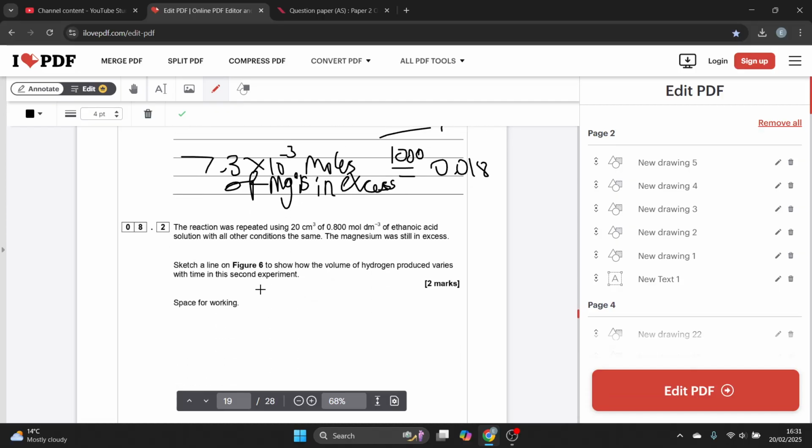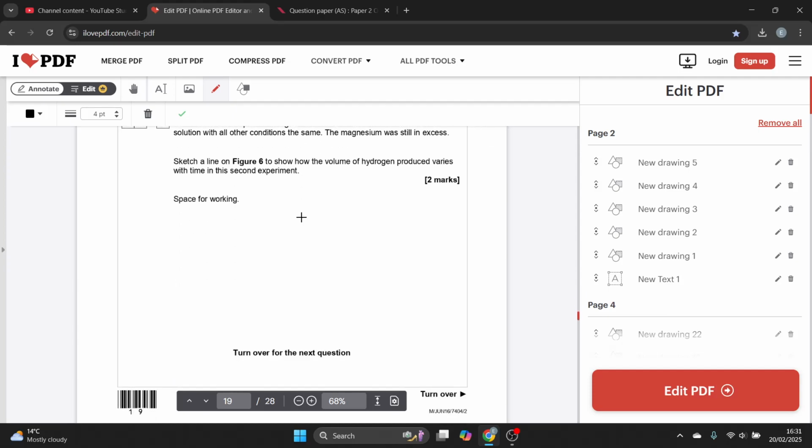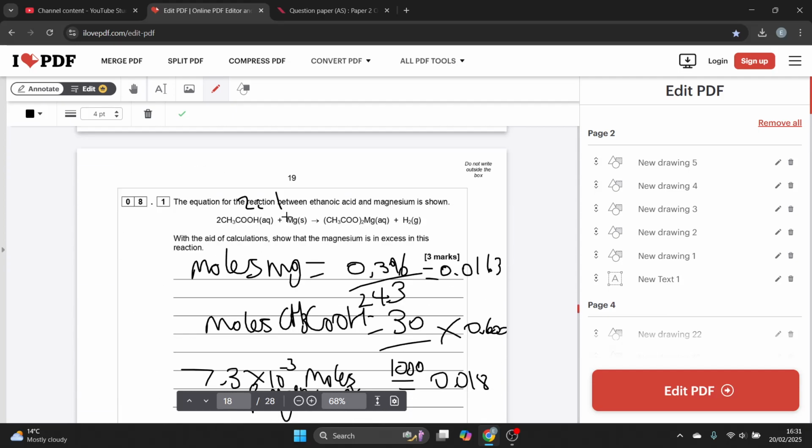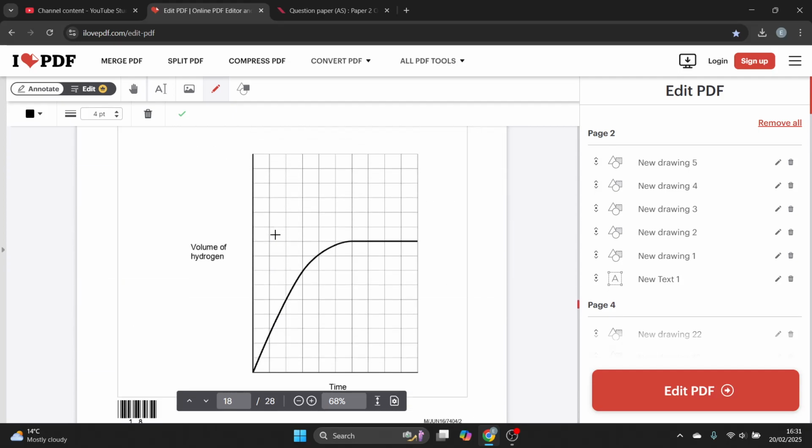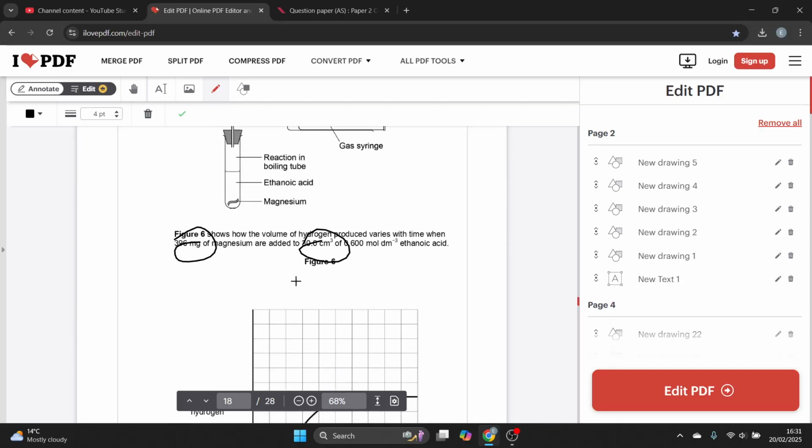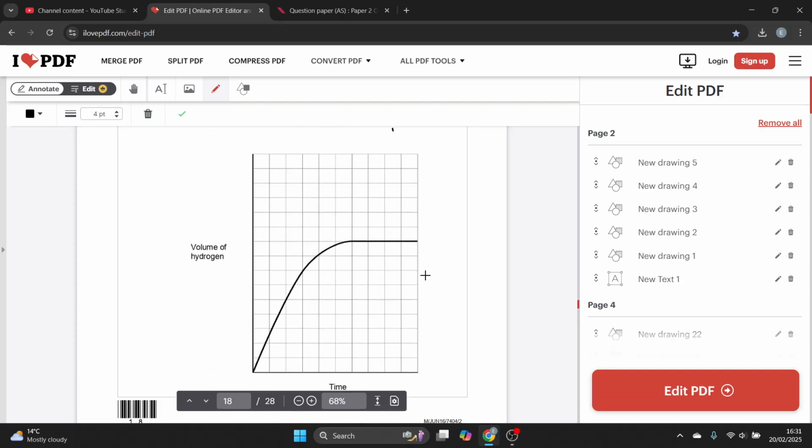Then it says sketch a line on figure 2 repeated using this much ethanoic acid. In this case it's 30 centimeters cubed, so the moles of ethanoic acid is 30 divided by 1,000 times 0.600, which I already did. 0.018 moles.